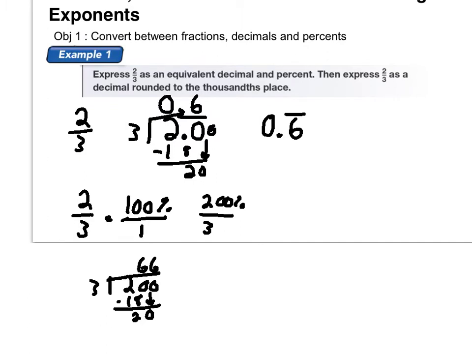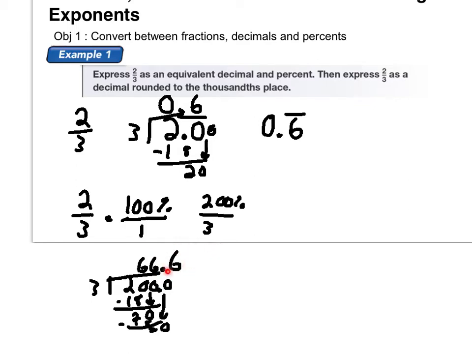If we were to subtract that again, we get 20. Put a decimal up here. And I'm going to get 6 again. And what happens is 6 is going to repeat itself. So once I get to the 1 decimal place, I can say that the decimal just keeps repeating.